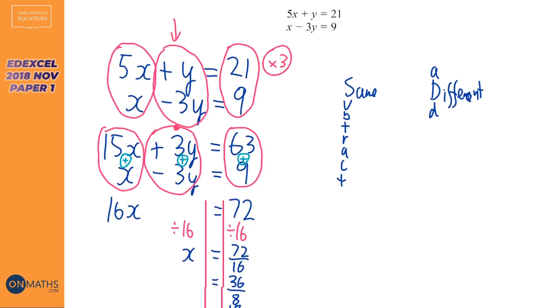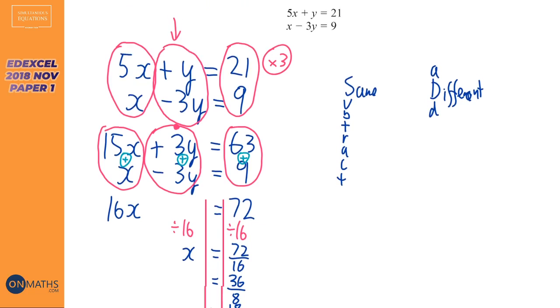And so we need to find out what y is. So we just go back to one of the original equations, and I'll pick this second one here, and I'm just going to substitute the value in that I've just worked out. So instead of x, it's 4.5, minus 3y equals 9. I'm going to start off just by adding 3y both sides, to make it nice and positive.